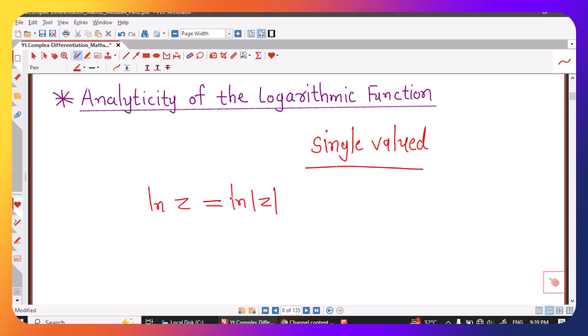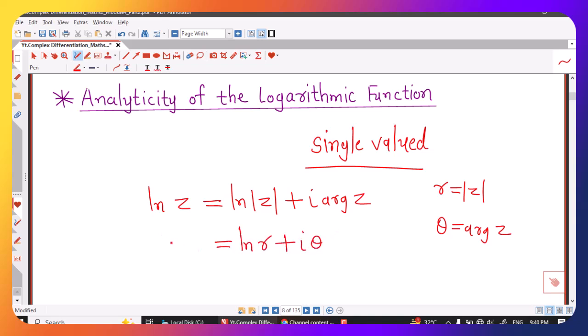Whenever I write ln z equal to log of mod z plus i times argument of z, and if I consider r equal to the absolute value of z and theta equal to the argument of z, then I can write this as ln r plus i times theta.